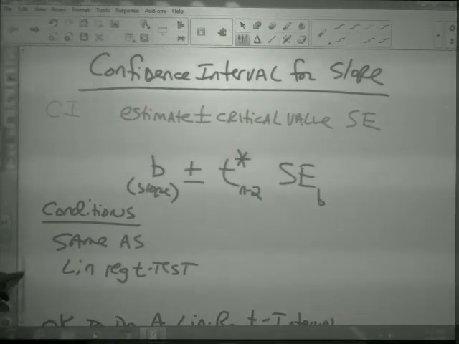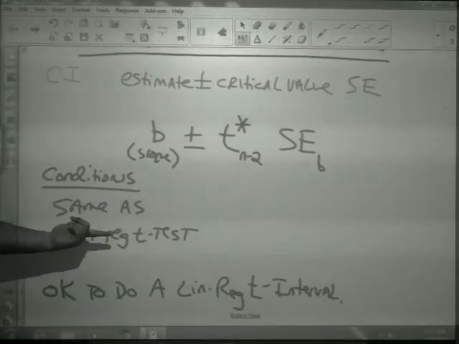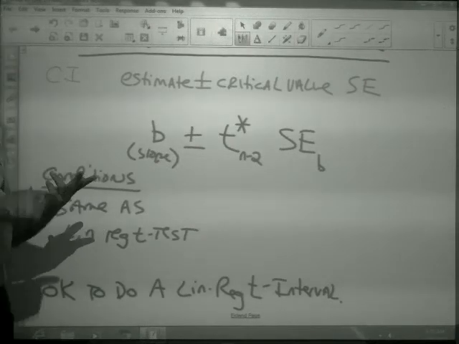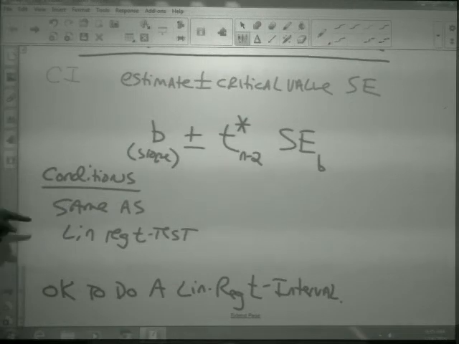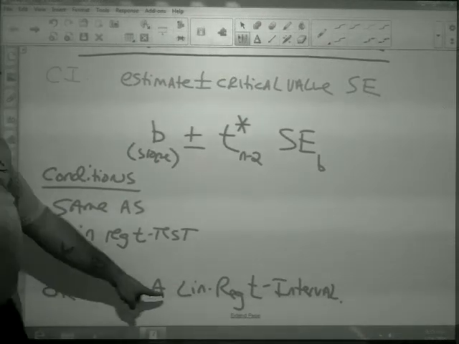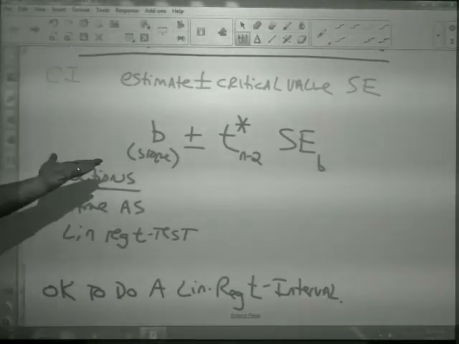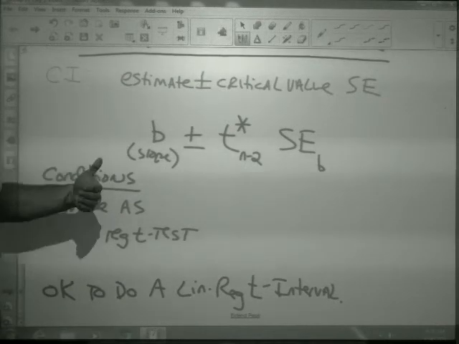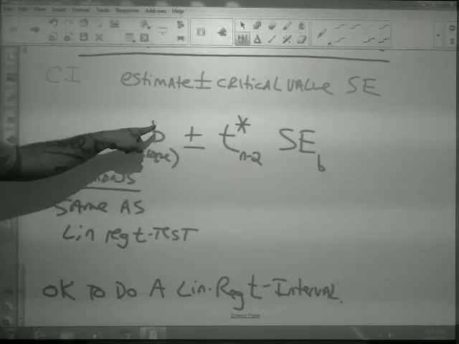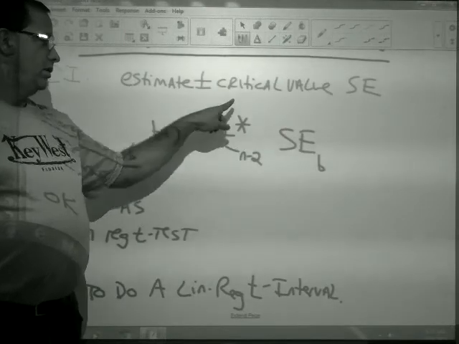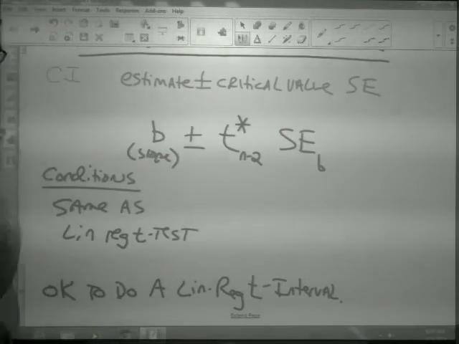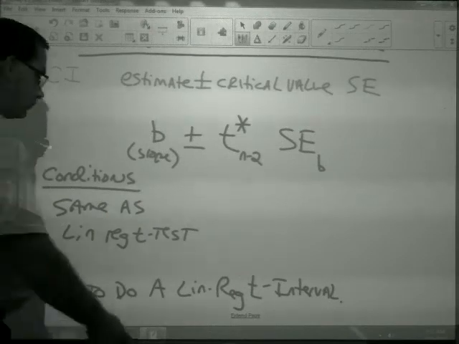Conditions are the same. You still need to make sure that the residual plot looks good, both that there's a scatter and no fanning. If we meet those conditions, it's okay to do a linear regression t-interval. Basically, you're going to put the data in, run it on your calculator, and fill in these blanks. The t star will still come from the back of the book, page 880.